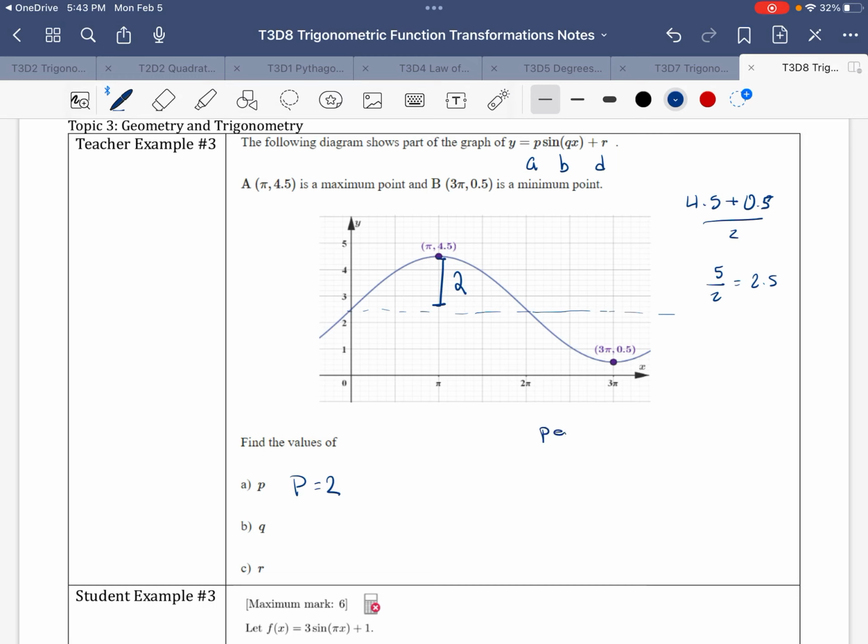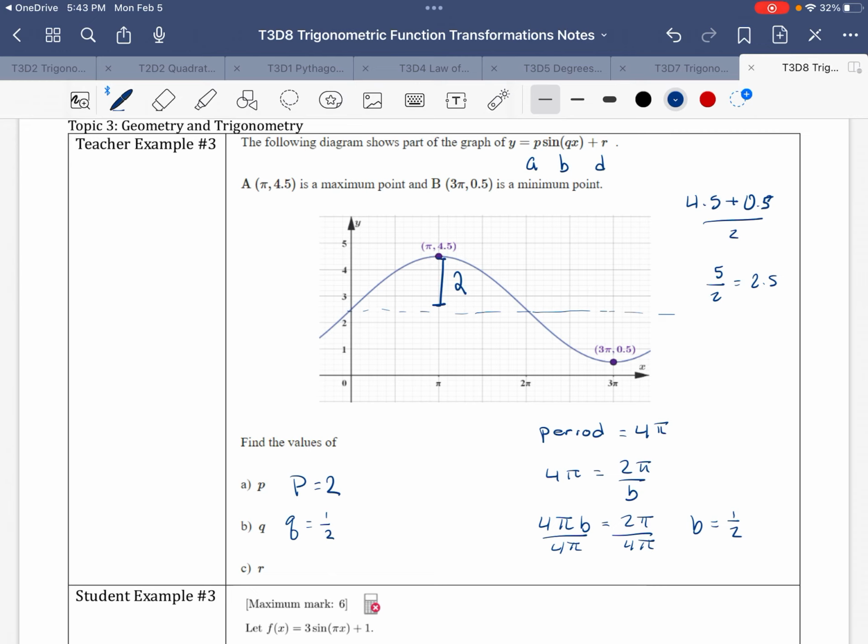So if we know our period is 4 pi, then we can set that equal to 2 pi over b, right? And then I can multiply b on both sides, divide by 4 pi, and then we get b is equal to 1/2, which means q is also equal to 1/2.